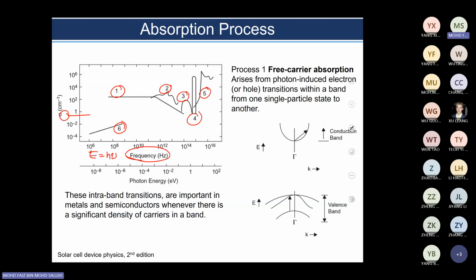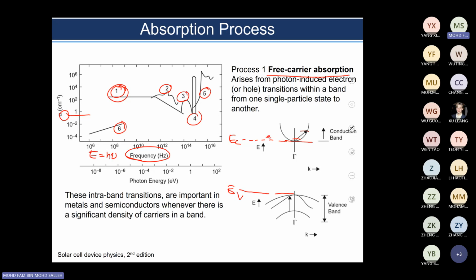Process 1, at lower energy, is free carrier absorption. What happens is the electron only goes to another energy state inside the band. This is EC, this is EV.